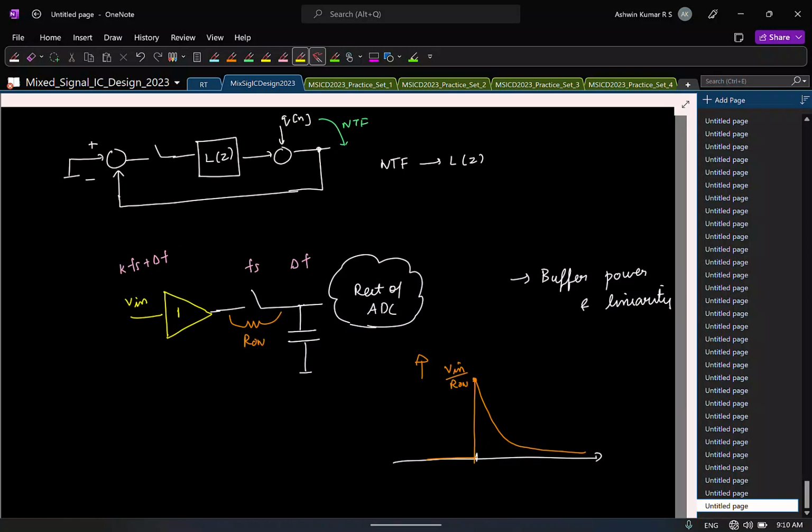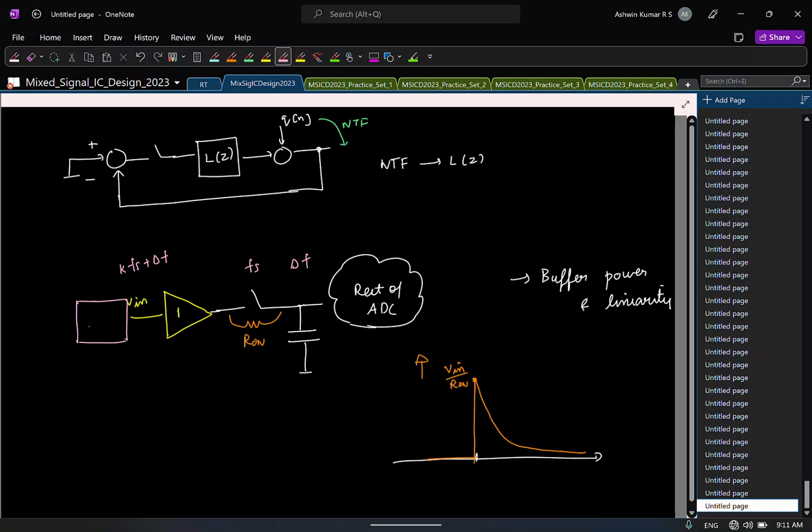Before sampling, what do we do usually? We have to filter it off, right? Only if you have frequency content at this frequency, you have issues. So you put a low pass filter or an appropriate filter upfront to filter those frequencies, and this is called the anti-alias filter.